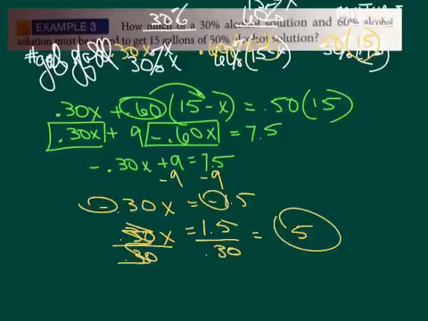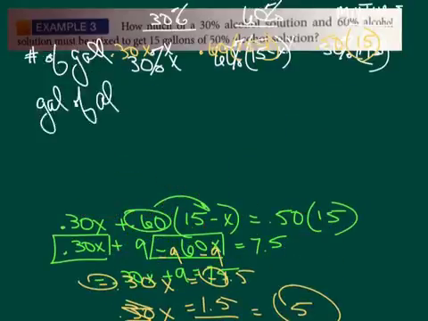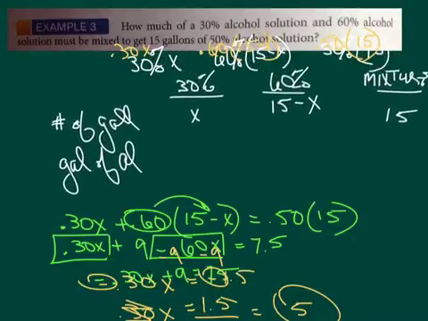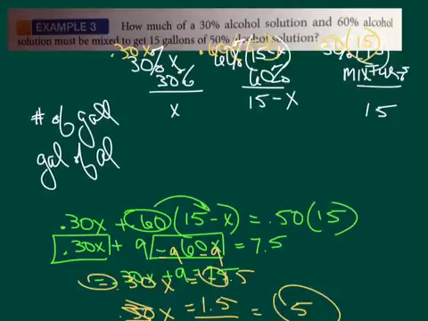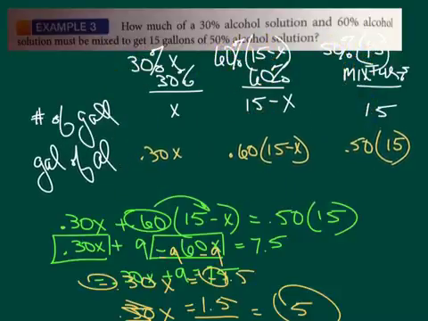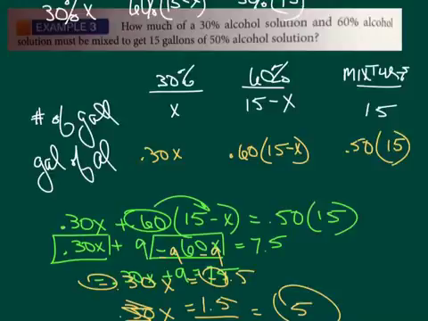And remember what I said x was, clear up here in our little table. Let me see if I can get our table back here. Okay, so there's our table. x is the amount that we have to add to this amount to get this amount.